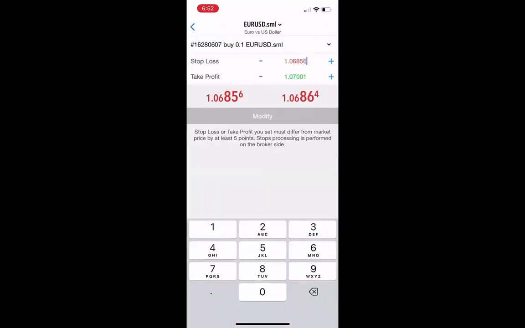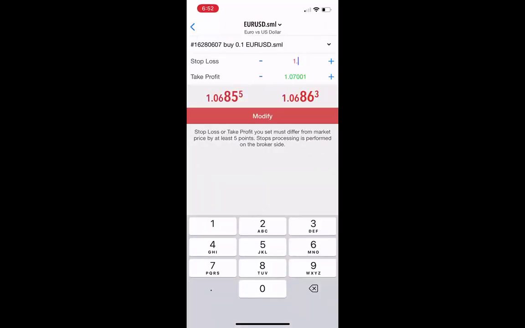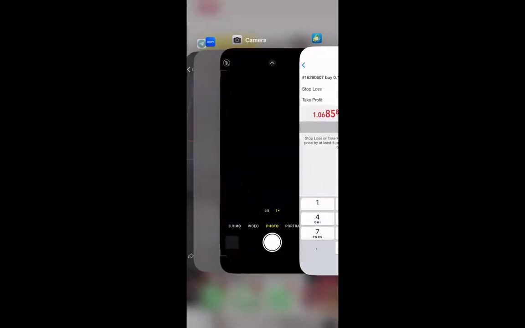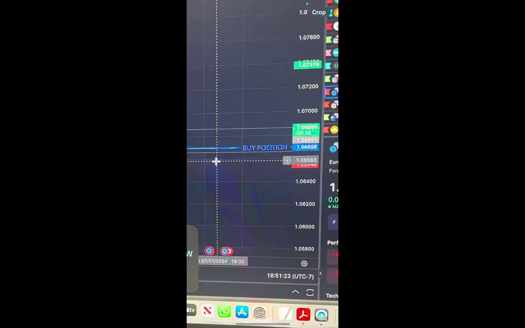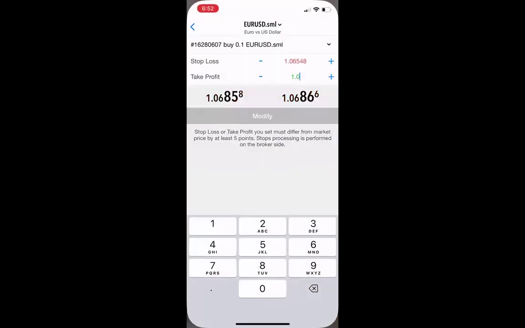I'm going to put my stop loss. My stop loss is going to be 1.06548. My take profit is going to be, no, the green at the top, which is this right here, guys, is what I'm looking at, the green at the top, which is 1.07378.